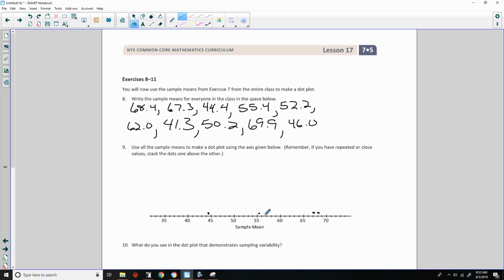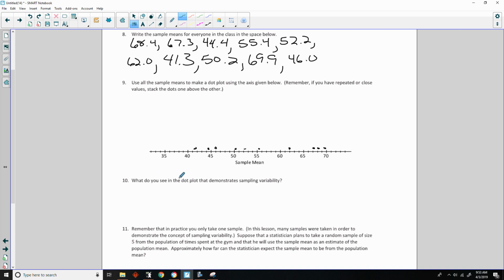So that'd be about here. These are all 1 increments. 52.2 would be here. 62 is right here. And 41.3 is about here. And 50.2 is here. 69.9 is almost 70 right there. And 46 is right here. Okay, so there's our dot plot.